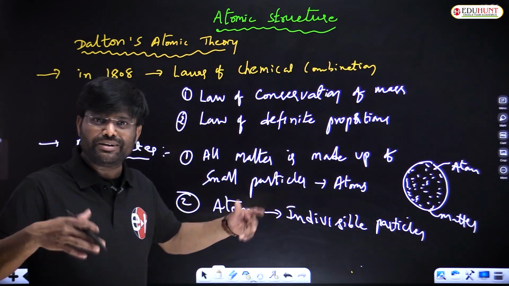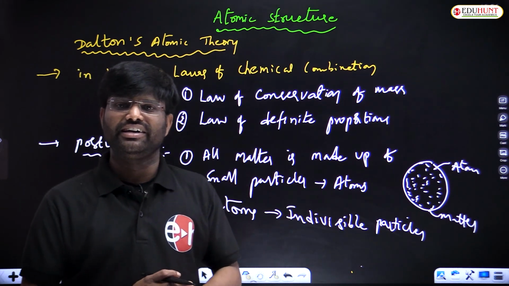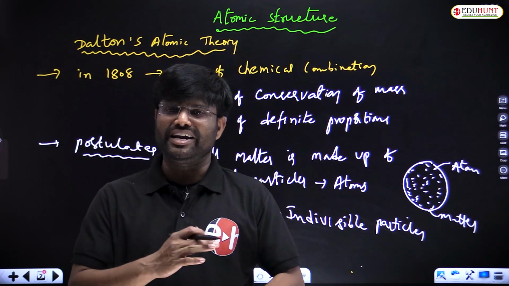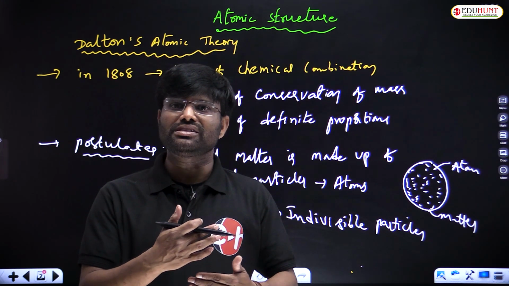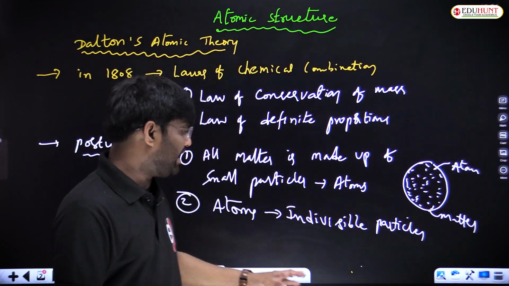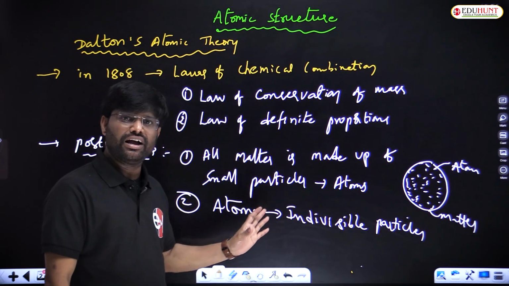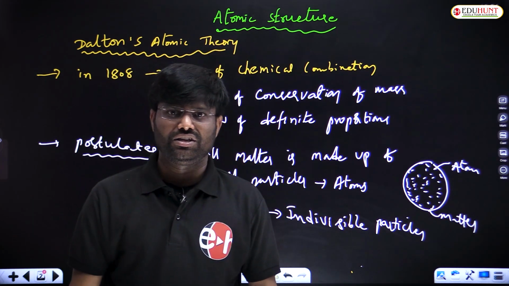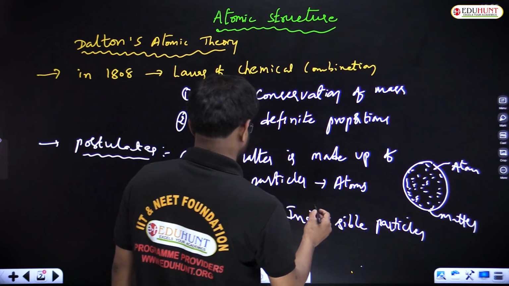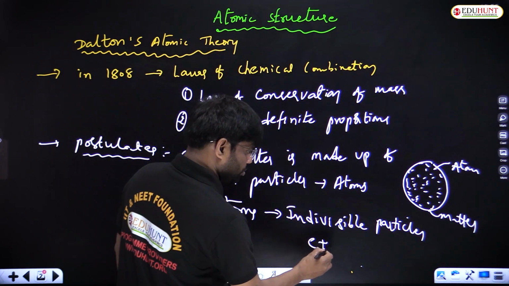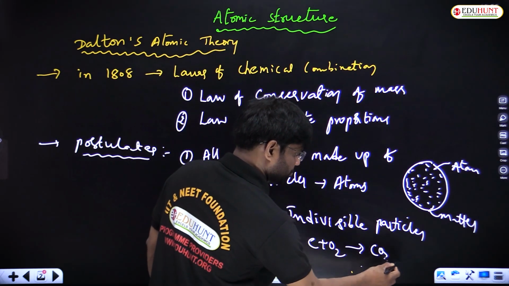Atoms of matter can neither be created nor be destroyed, but by rearranging the atoms of matter, they combine and produce new substances. Suppose any chemical reaction, C plus O2 gives rise to CO2.